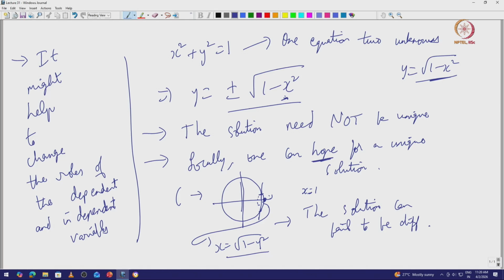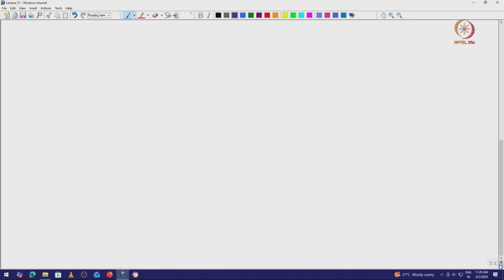Let's look at another example. This is far more complicated. Now obviously in this case, it's going to be extremely difficult, very likely impossible, to find a formula to solve for one variable in terms of the other.